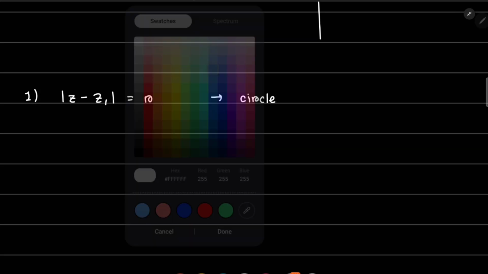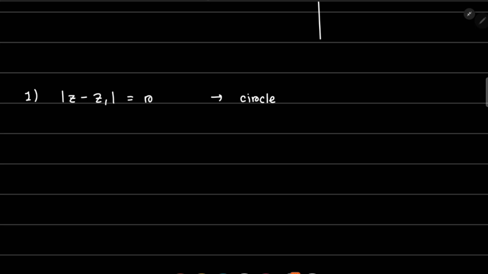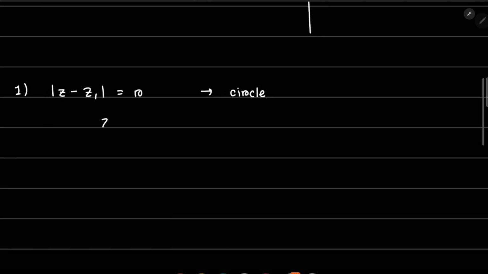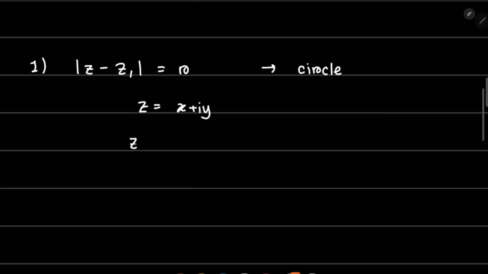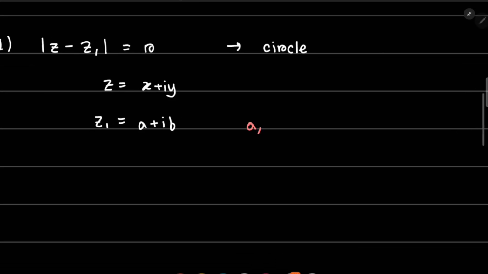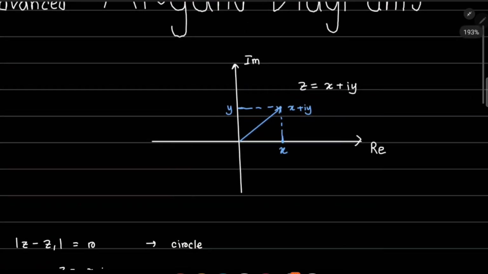In a case like this, we represent z as x plus iy. x and y are variables over here, and z1 is a plus ib. In this case, a and b are constants, not variables. So basically z1 is a fixed point.